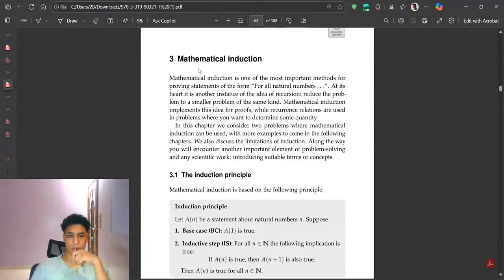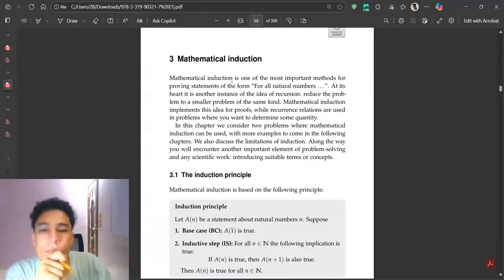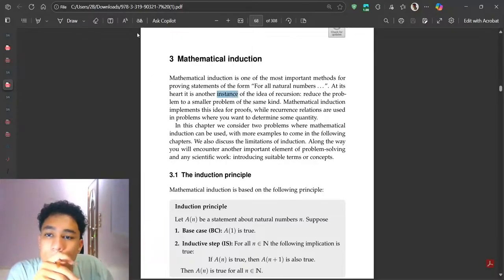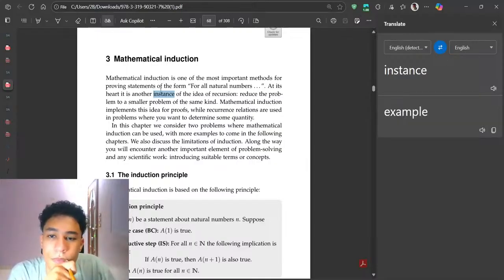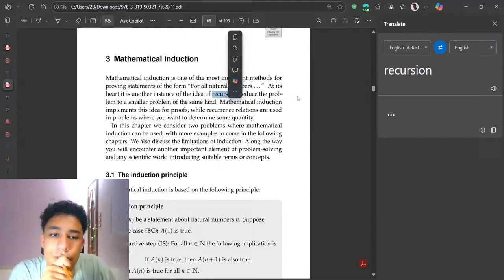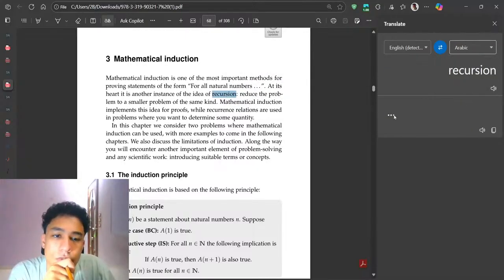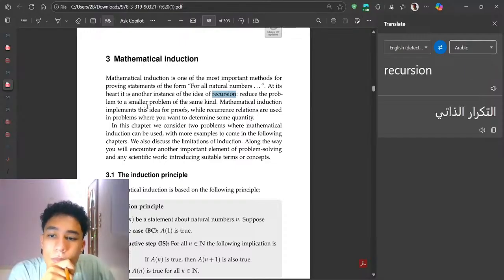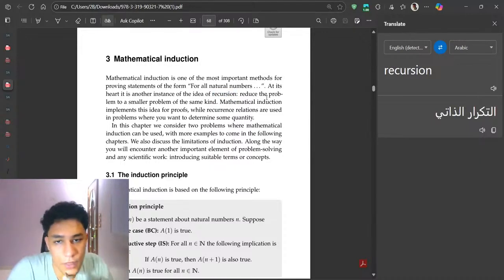So it's something like the same meaning as the idea of repetition, basically. So we are just reducing the problem to another problem of the same kind.